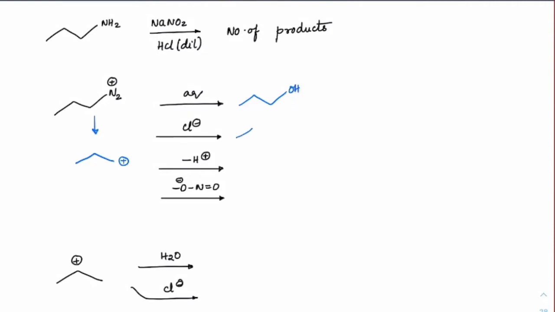At the same time we can get chlorides, got it? Water can act like a base and remove the proton and make alkene formation. And since we have some NO2- present in the solution, we might also get this alkyl nitrite, R-O-N=O. Okay, so this compound will also be formed here. Got it?